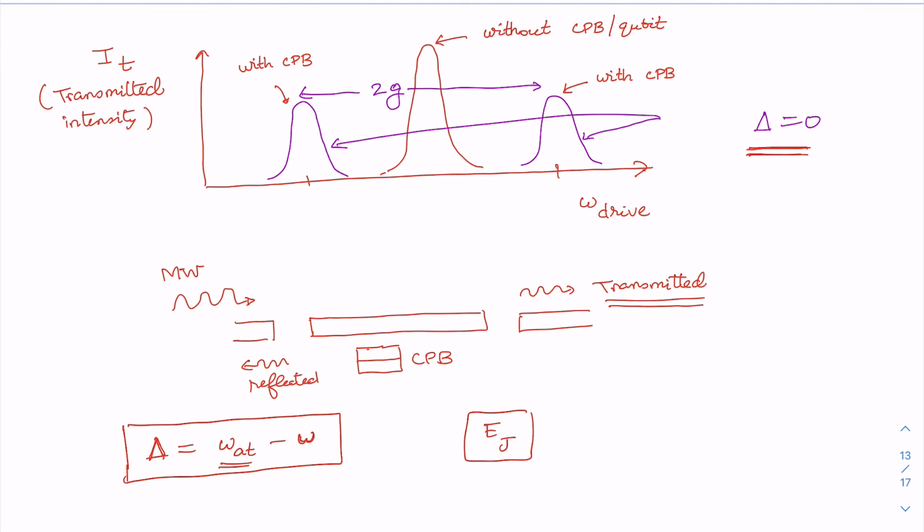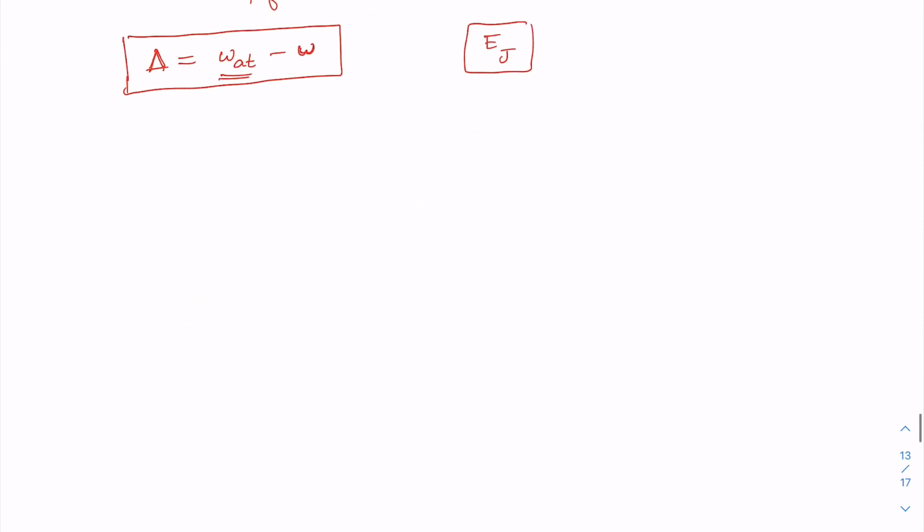So what is done is that on one axis we plot the detuning parameter, while on the other axis, the y axis, we have omega drive, the driving frequency of the microwave.